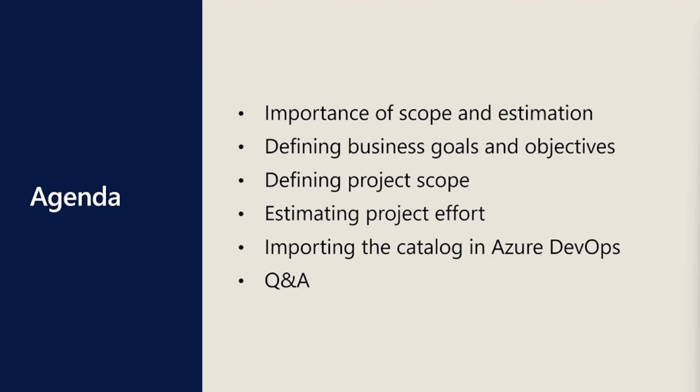And then we'll spend some time both on the process for defining scope and estimating your project effort and using the catalog as a catalyst to help in these processes. Then at the end, we're going to shift gears and I'll walk through the process of how you can actually download and import the Business Process Catalog into your Azure DevOps project. We'll have some time at the end for Q&A as well.